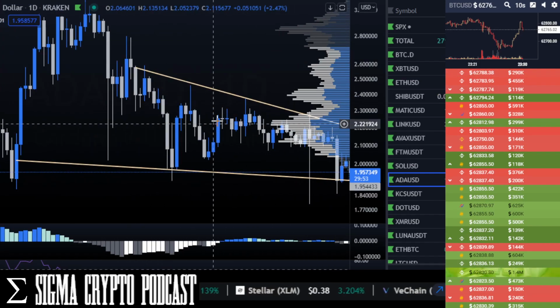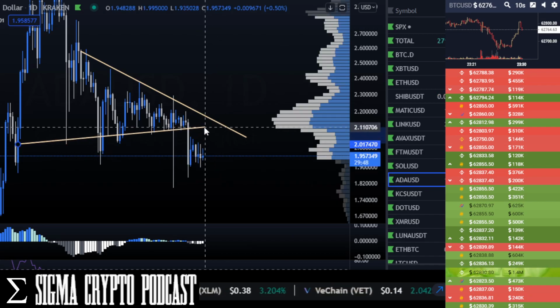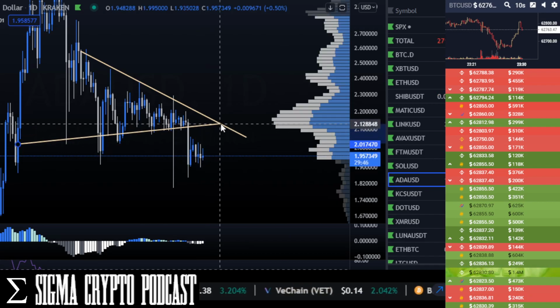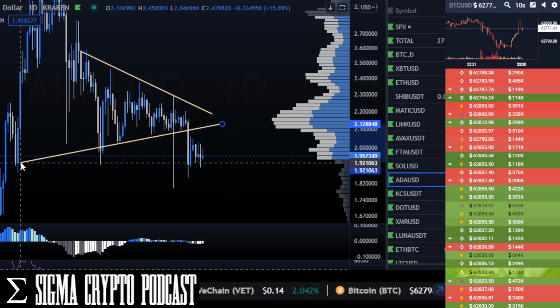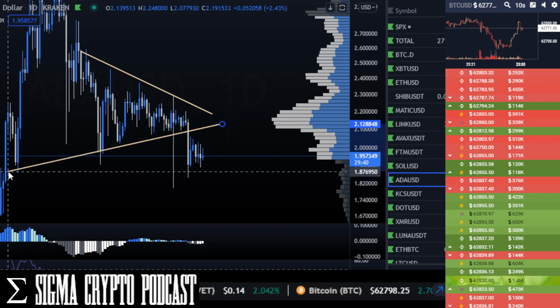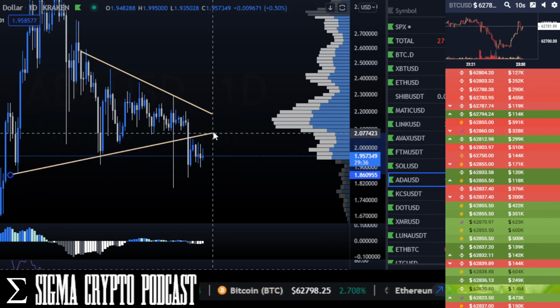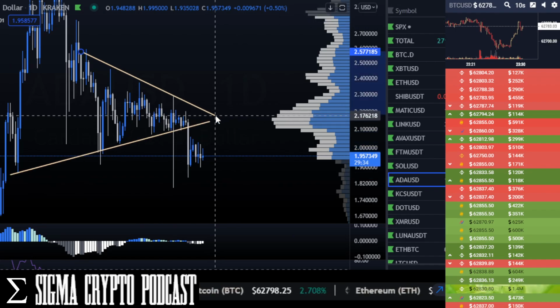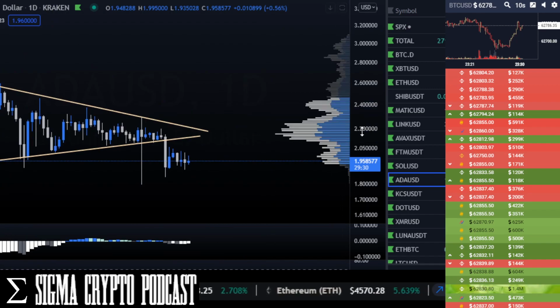So this was kind of in a falling wedge now. I just changed that, but if you move that, you can see the third one would be there. I would say that's a symmetrical triangle right there, right? And what happened?